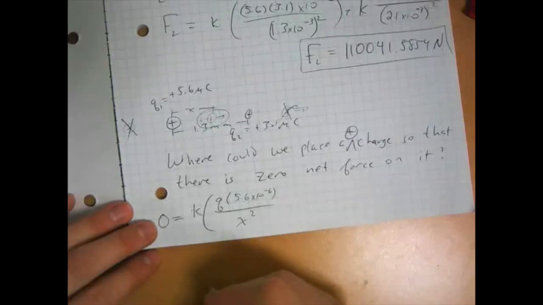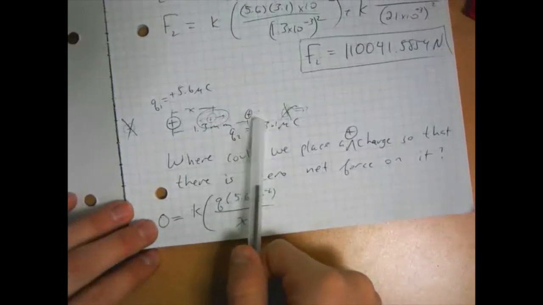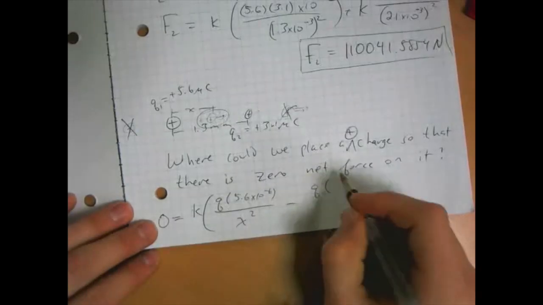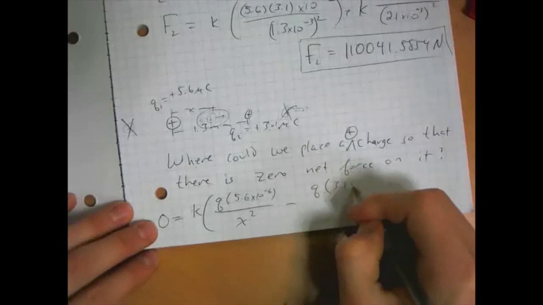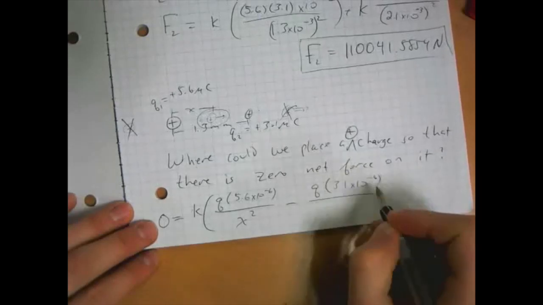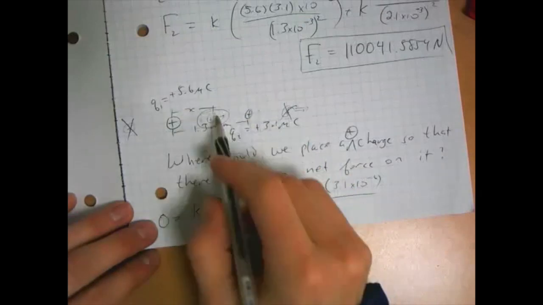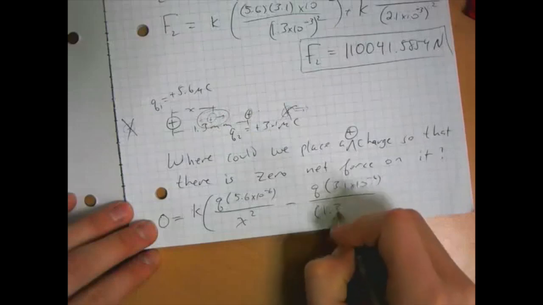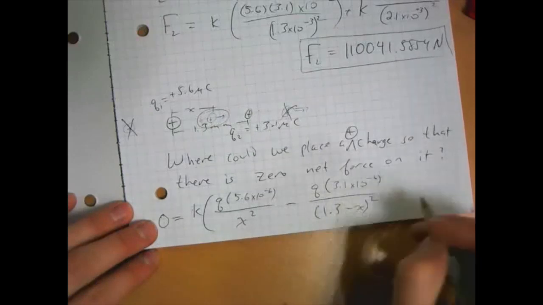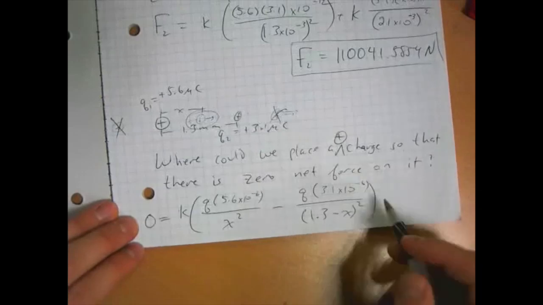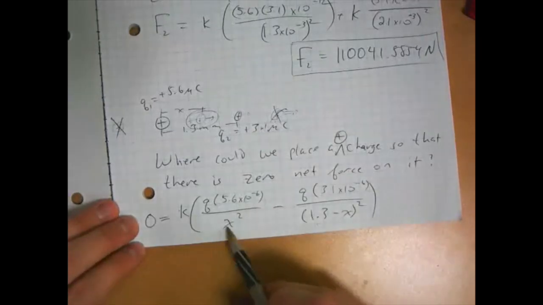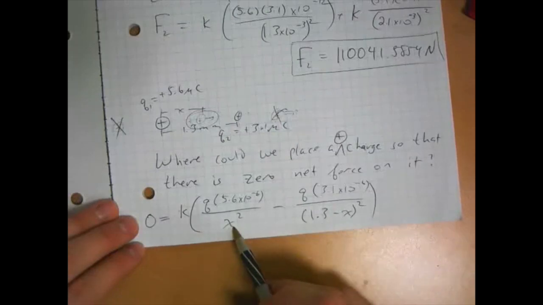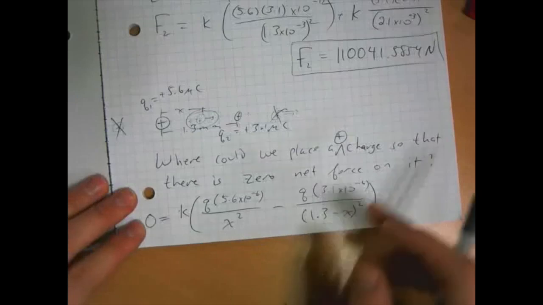Then the force from Q2 is going to be to the left, so we say minus this unknown charge times 3.1 microcoulombs over, well, if this is X, then this distance is going to be 1.3 minus X squared. And since we're solving for X, there's no problem with just using 1.3. Just remember that when we get a value for X, it'll be in millimeters and not in meters.